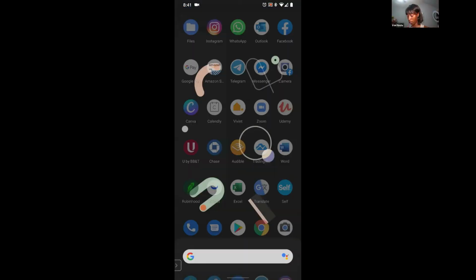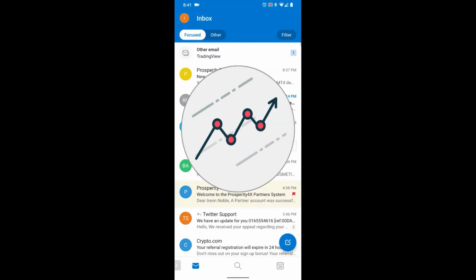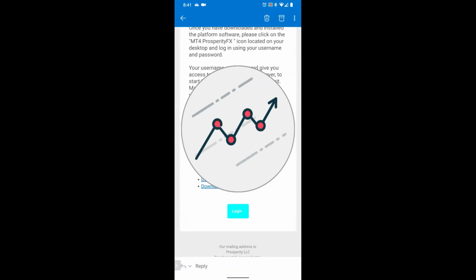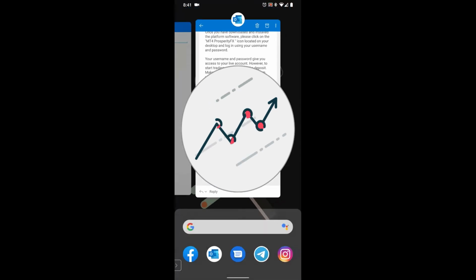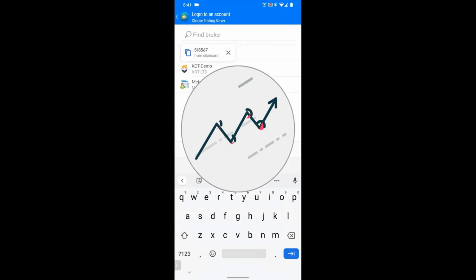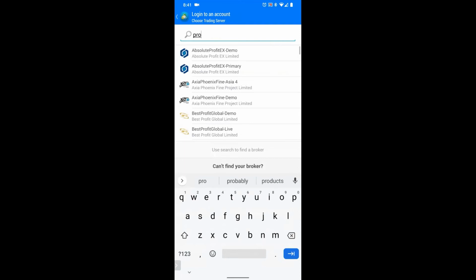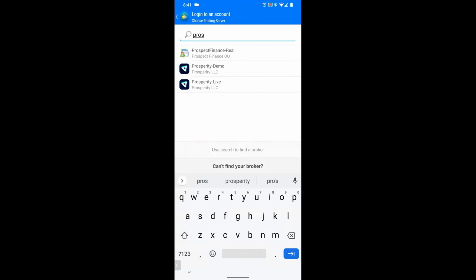I'm just going to go to my email real quick. Copy. It says invalid. I was supposed to put in the trader password, right? Okay, so you want to go to Prosperity. I know, but the trader password, that's what I put in.